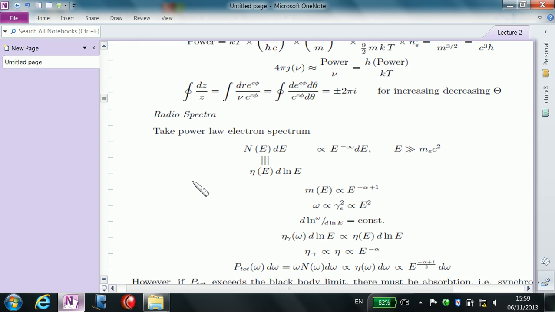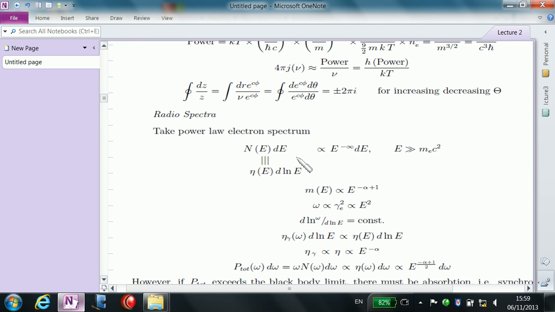The point is I can talk about an electron that has a distribution in energy. It's an energy spectrum. They have different values of gamma. They're in the same field or in the same photon bath, but each one emits at a different characteristic frequency, and that gives me a typical photon frequency.